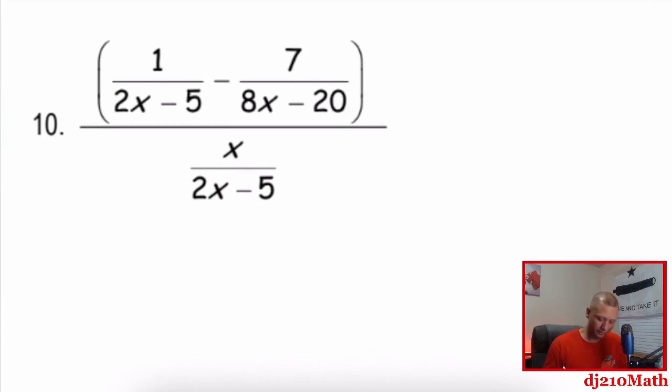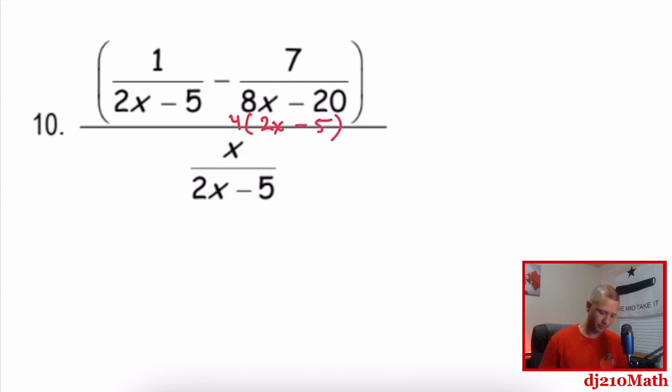Okay, numerator. What can we take out? We can take out a 4. If we pull out a 4 from the bottom right on this side right here, I can pull out a 4. So this is really going to be 4 times 2x minus 5.